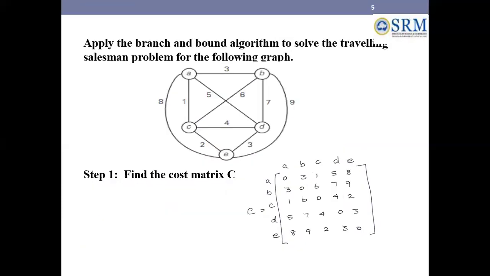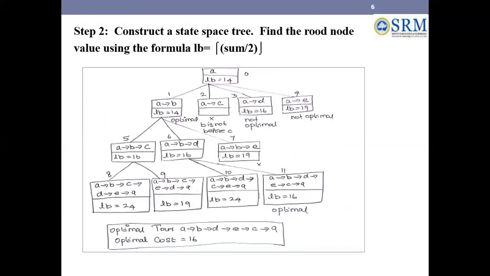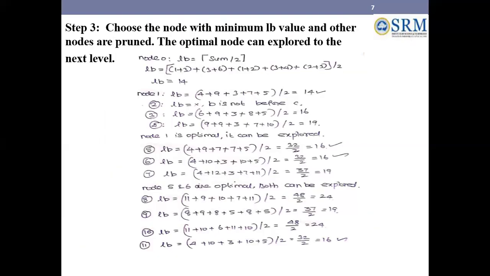For the node B from this matrix, take first two minimum. So 3 and 6. Like that, we have to take the value, two nearest city for each node for A, B, C, D, E. Add the values and divide by 2. That is 14. 14 is the lower bound value for the root node.